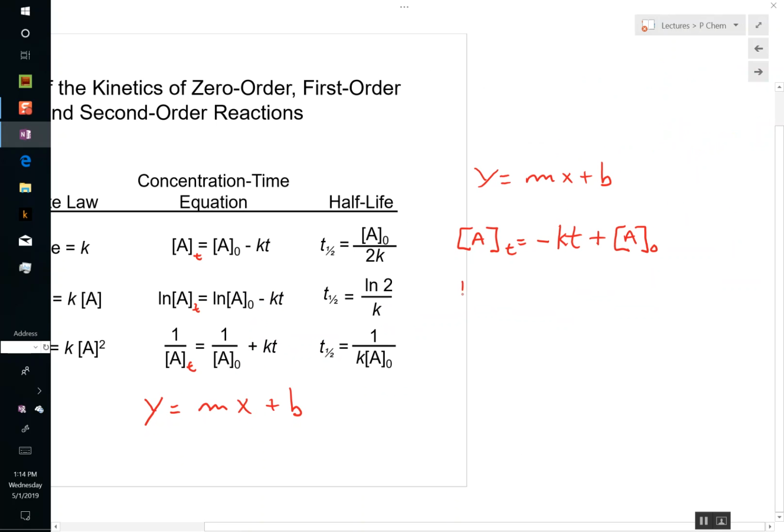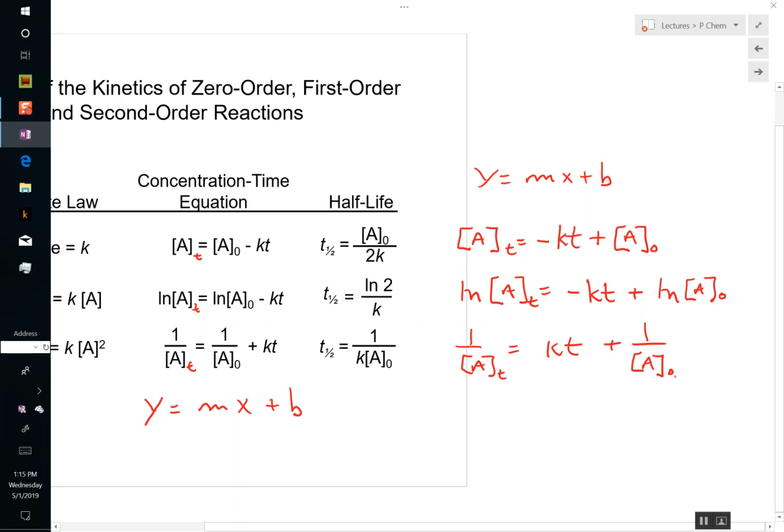This one would be the natural log of the final concentration is equal to negative kt plus the natural log of the original concentration. And this one is 1 over the concentration at any time t is equal to kt plus 1 over the initial concentration.